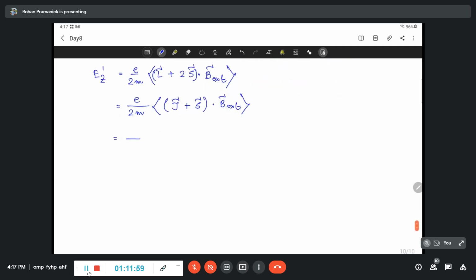Then we can write e by twice m. If I want to take J as common, I have to write 1 plus the projection of S on the J component. So this is S dot J over J squared, and with the J over here, times J dot B external.